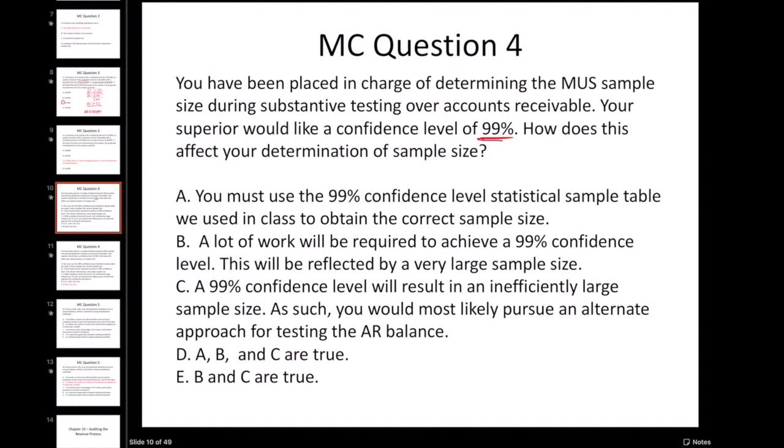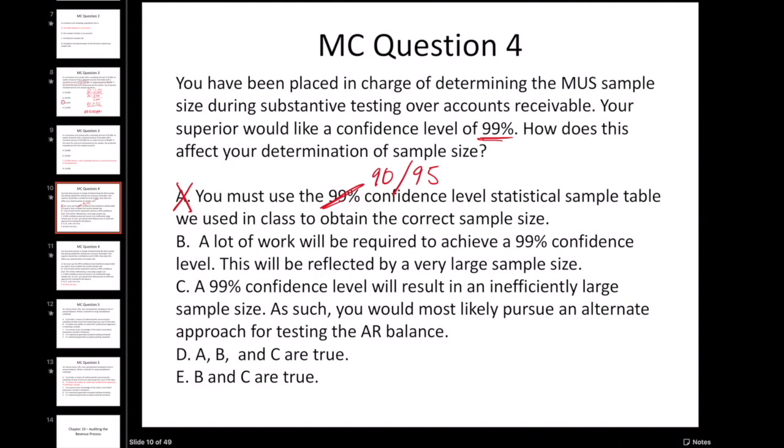All right, no such thing exists, right? We had in class together a 90% confidence level sample table. We had a 95% sample table, but we had no such thing as a 99% sample table. So A does not exist, so not a possible answer.